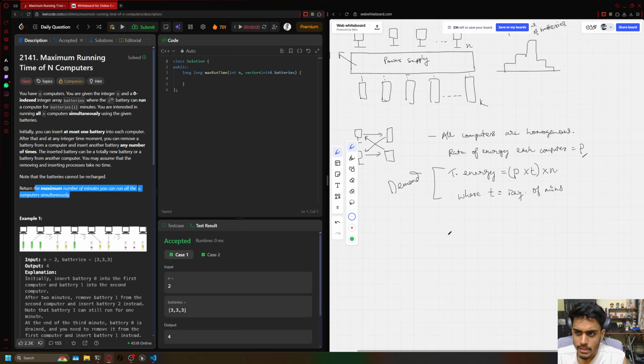Now this layer basically designates my supply, because my batteries are the things supplying their energies to my power supply.